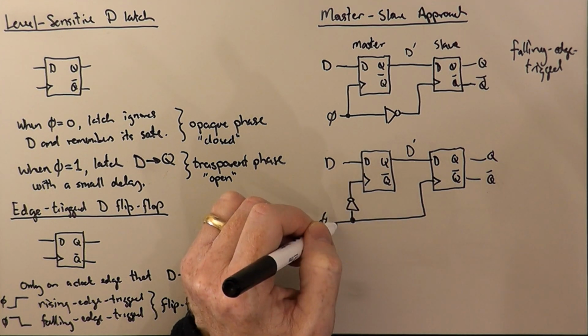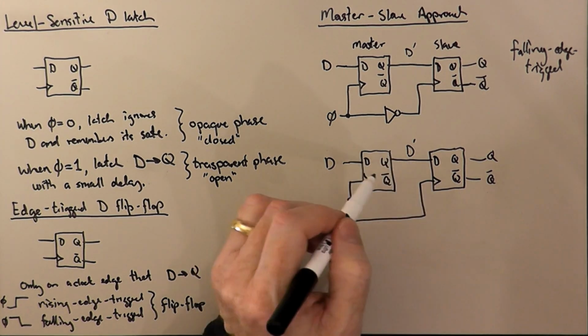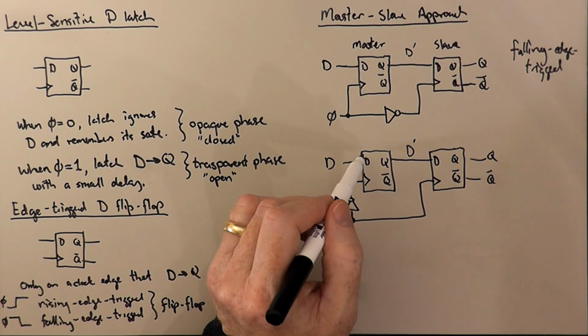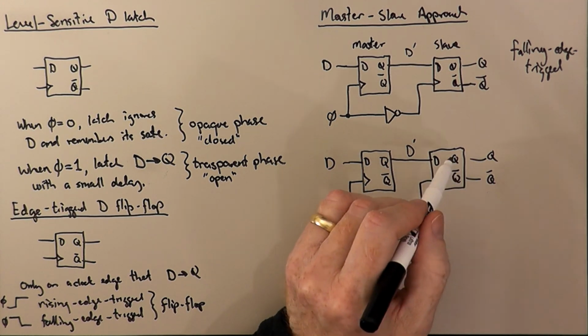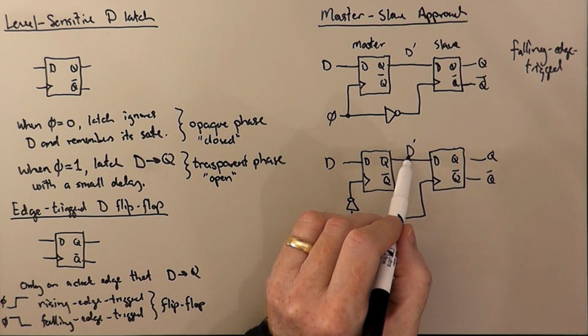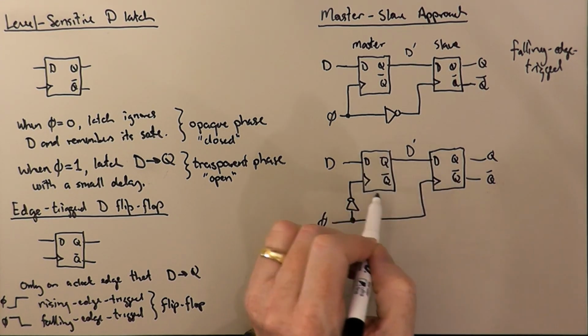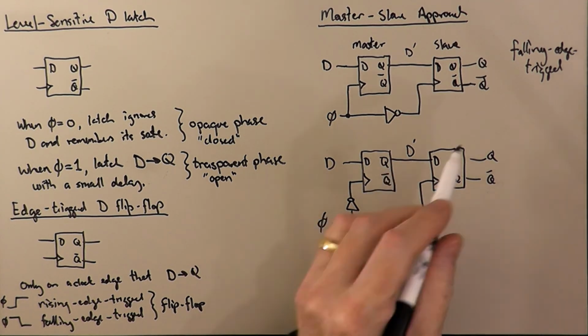And then when phi goes high, the master latch closes off, and the slave latch then starts sampling its input, D prime, which is now being held constant by the master latch.